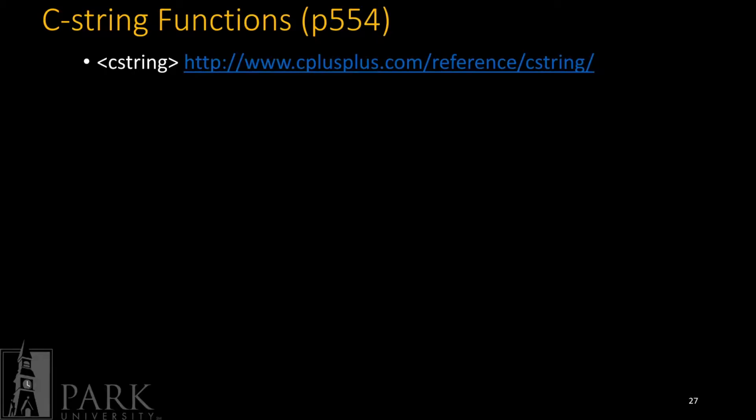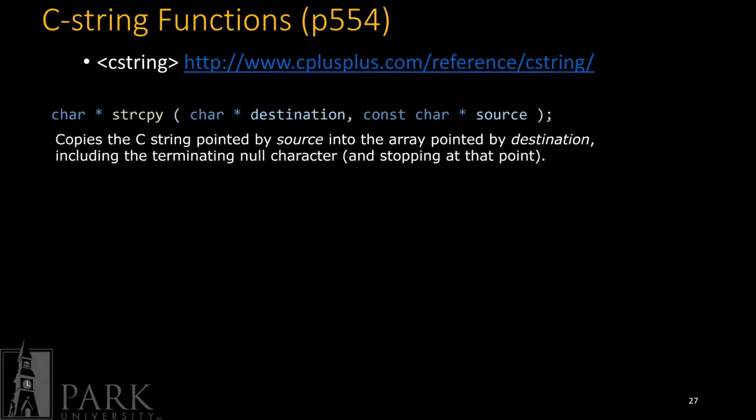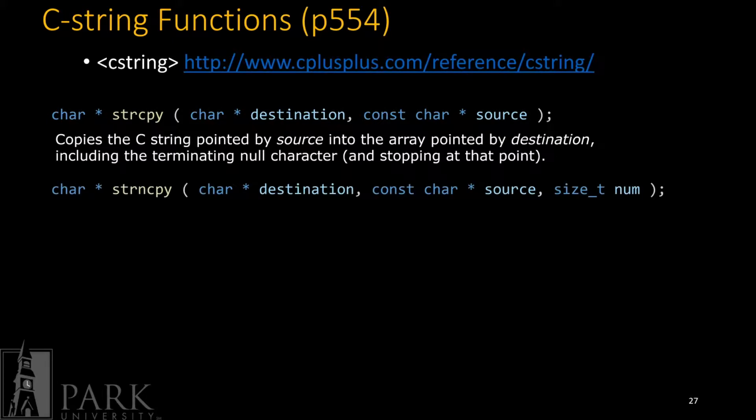Now that we've gotten through looking at memory, let's get back to our C strings and discussion of the various functions. The C string header file specifies several functions to handle C strings. The function string copy is used to copy contents of a source C string to a destination C string. The string ncopy copies the first number of characters of the source to the destination.